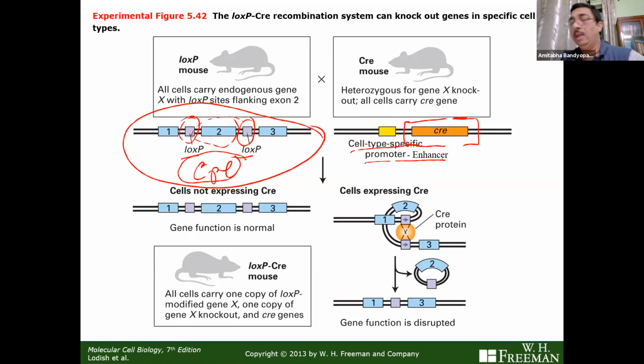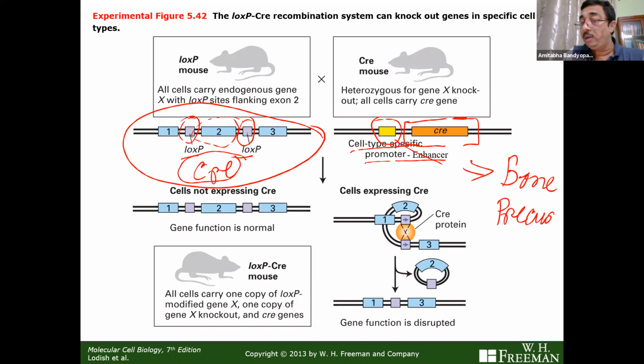You do either plain knockout or this to ensure that Cre is expressed in the heart, that is fine. But if you want the BMP to be not knocked out in heart, but only in bone, what do you do? You will use the promoter enhancer that is well known to drive expression in bone cells or bone precursor cells, meaning cells that will eventually become bone, right?